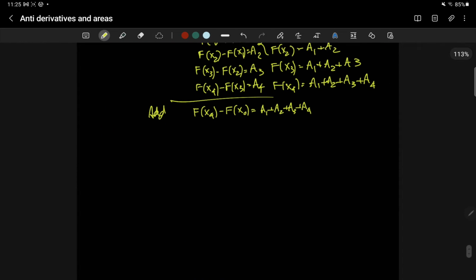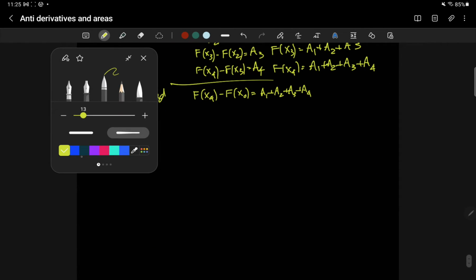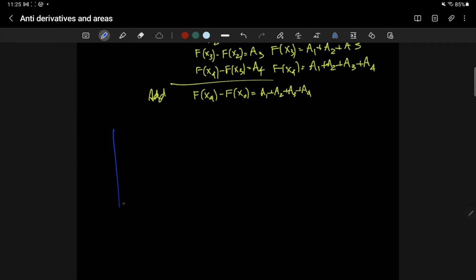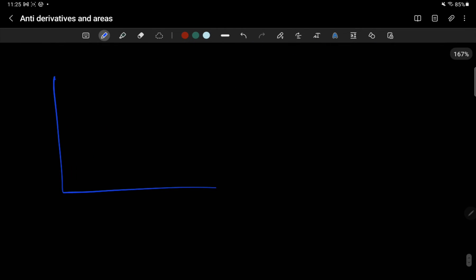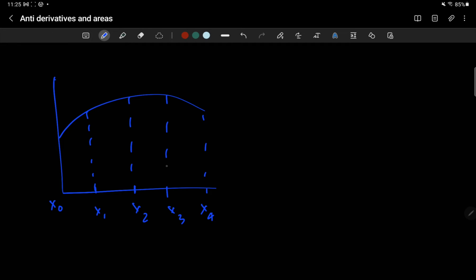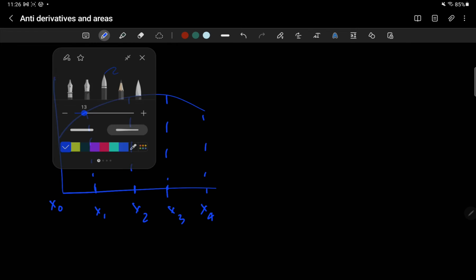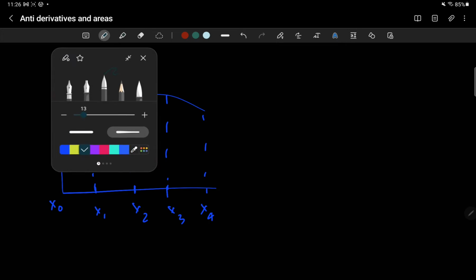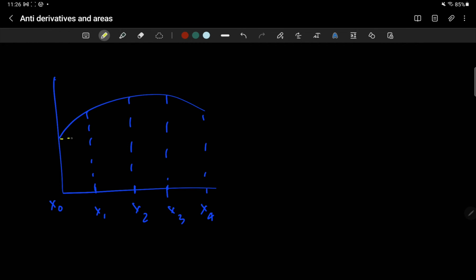That's the first idea. The second idea we said is, what is another way in which we can estimate area? So we see that the antiderivative estimates area. The other way is, again, we have x0, x1, x2, x3, and x4, and we break this into rectangles. One of the ways of breaking this into rectangles is going to be this, this, this, and this.